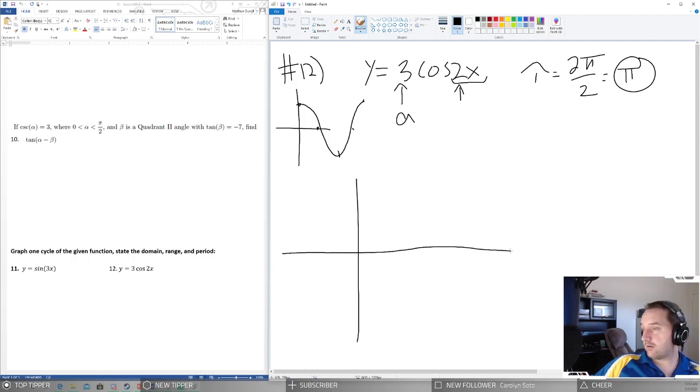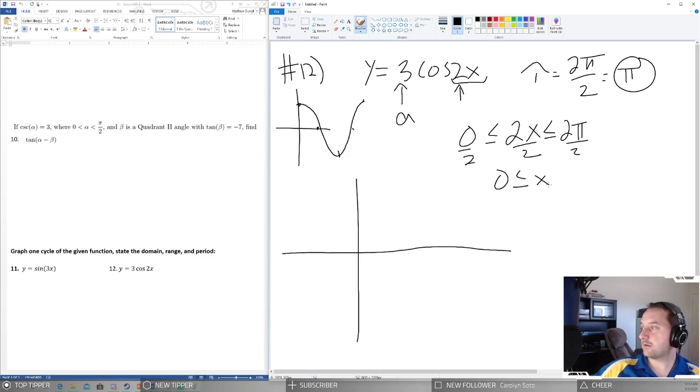So then sketching the graph, I have to put the 2x between 0 and 2 pi. Solving for x, divide everything by 2. I'm going to get 0 is less than or equal to x, which is less than or equal to pi.